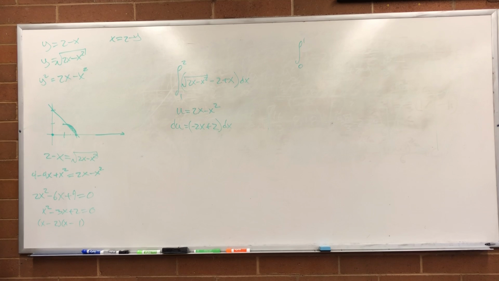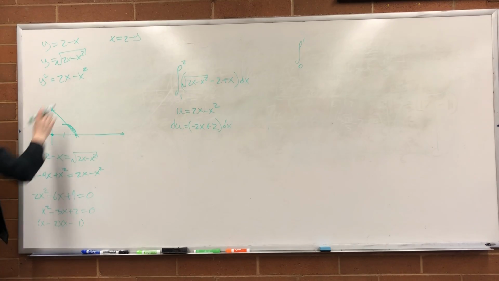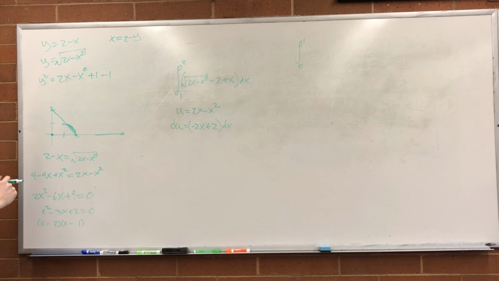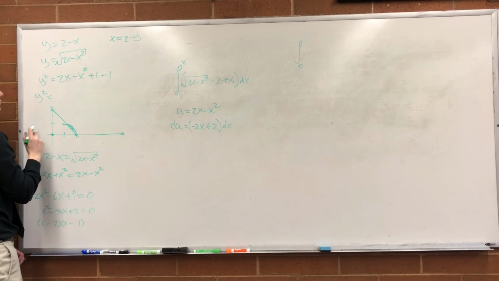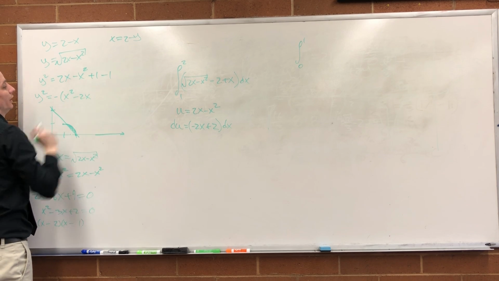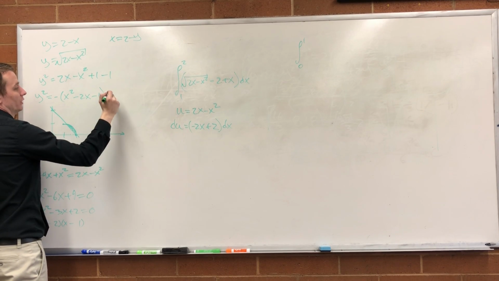We write it as a perfect square. When we complete the square, we take that divided by 2, square it, so plus 1 and minus 1. We have y squared is equal to, let's factor out a negative, negative x squared minus 2x plus 1, so we have minus 1 outside.